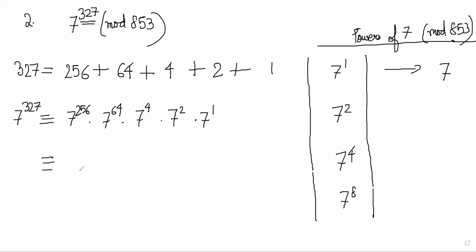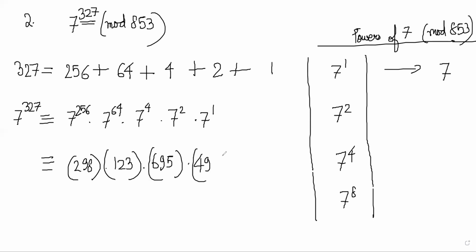It was 298. And for 64? That was 123. And for 7 power 4? It was 695. And for 7 square? It was 497. And it was 7 here, right? And this is mod 853 we are working.